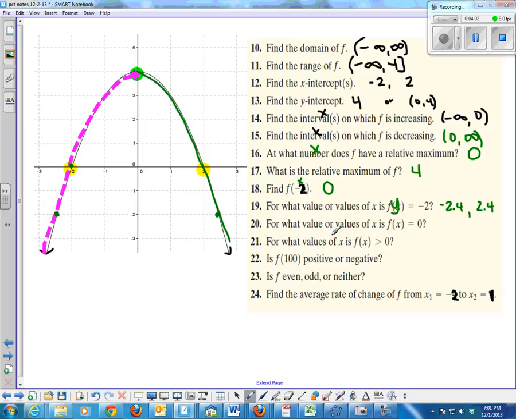For what value or values of x is f of x, remember that's y, equal to 0. So again, where y equals 0 is going to be the x-intercepts. X-intercepts here, y equals 0. So that's going to be -2 and 2 again.